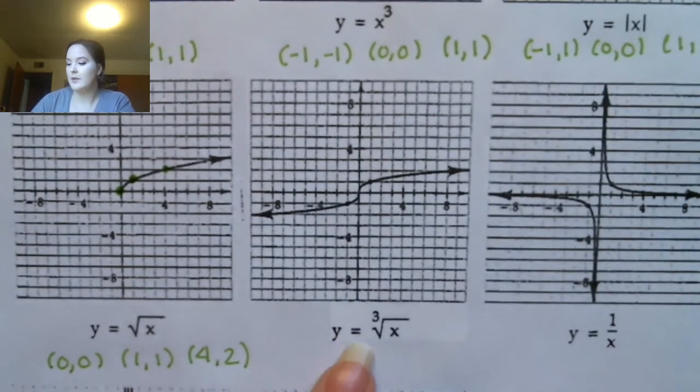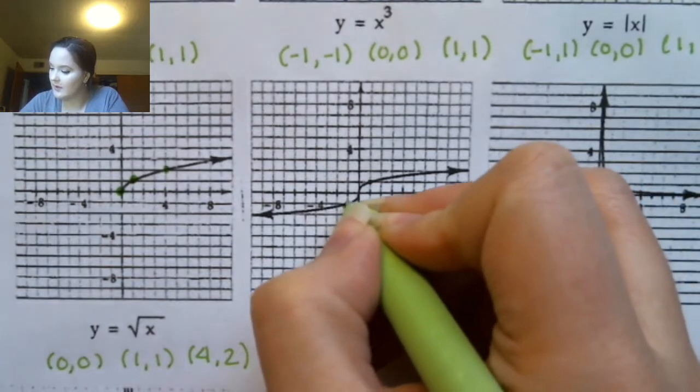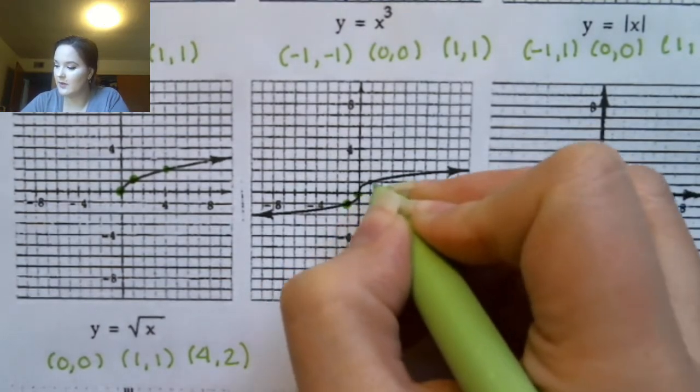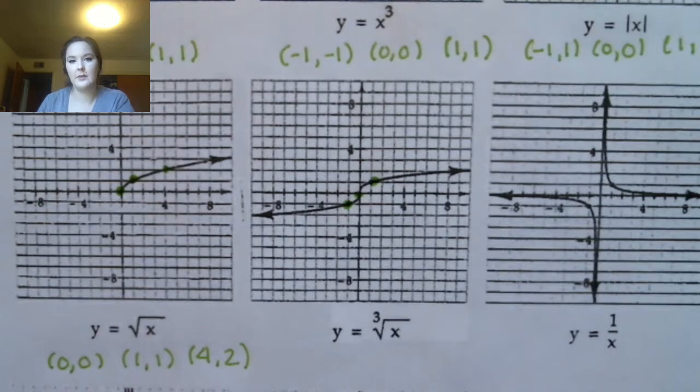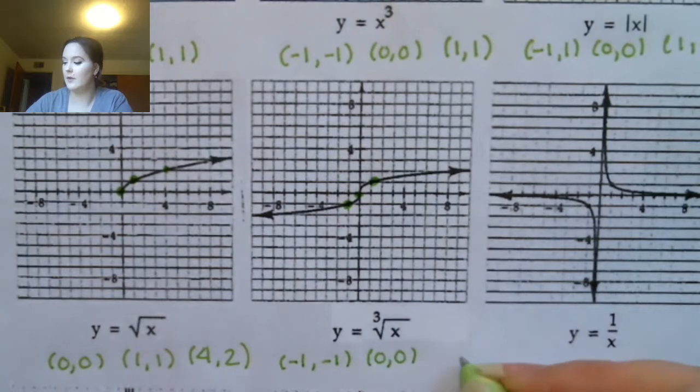This is our cube root of x graph. So this is here, here, and here. So this will be -1, -1, 0, 0, and 1, 1.